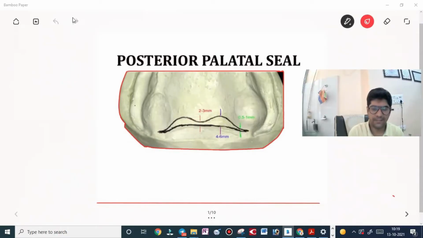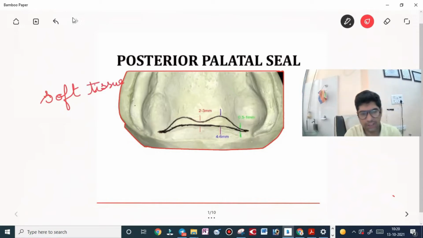So our next topic is posterior palatal seal. So what is posterior palatal seal? It is defined as a soft tissue that is present along the junction of the hard palate and the soft palate.